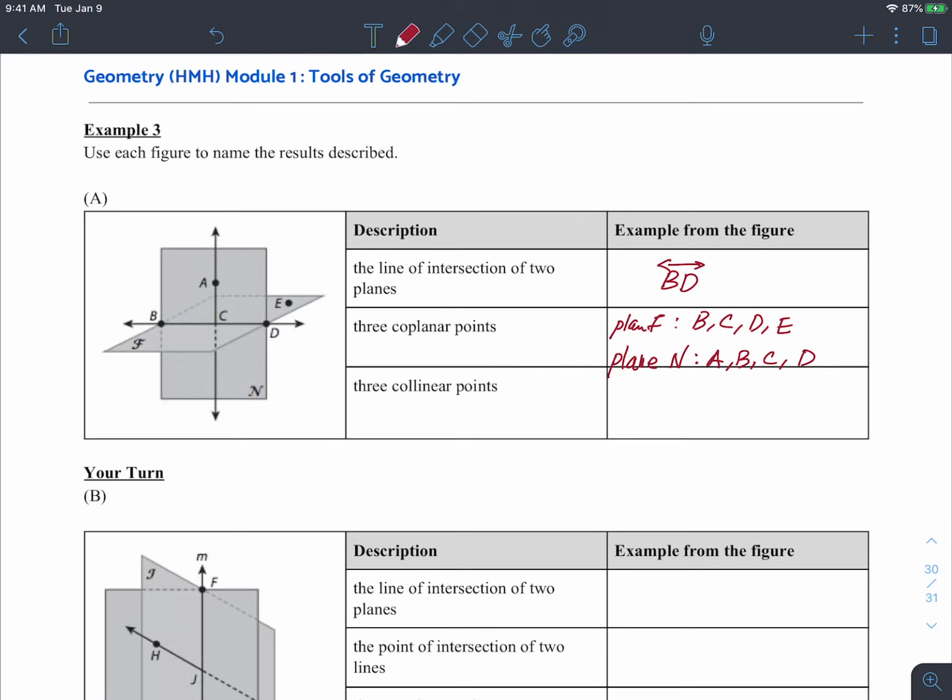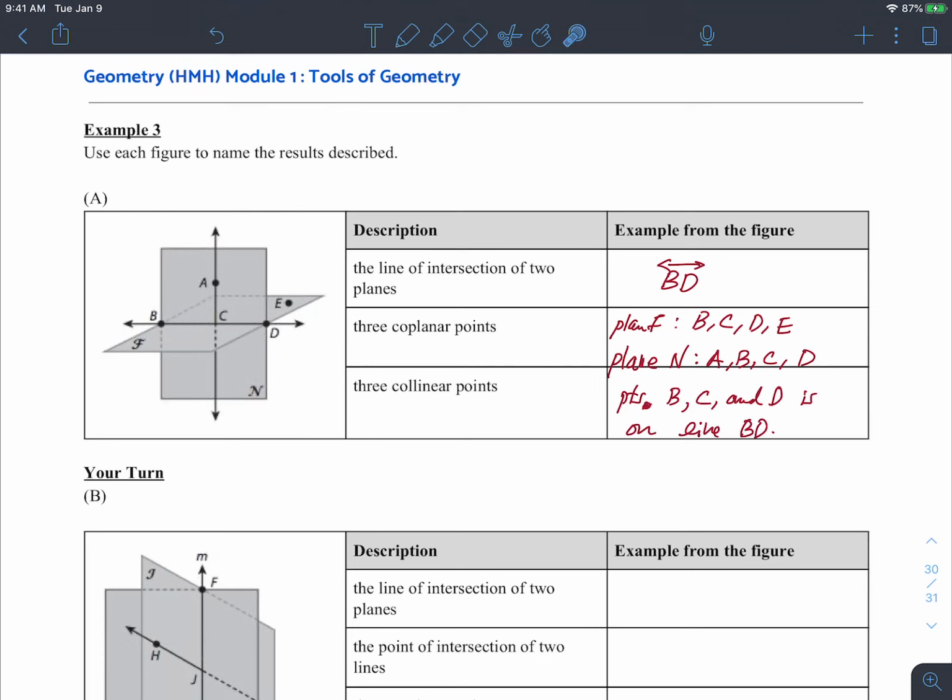And it's asking you to find 3 collinear points. And in this particular case, there's only one choice of this line. That will be points B, C, and D on line BD.